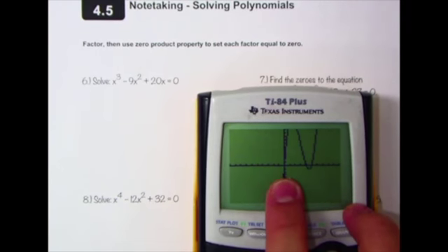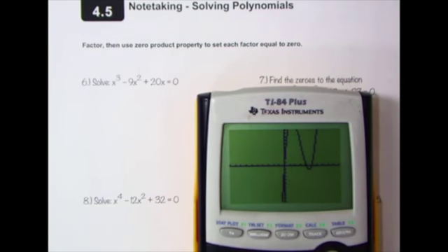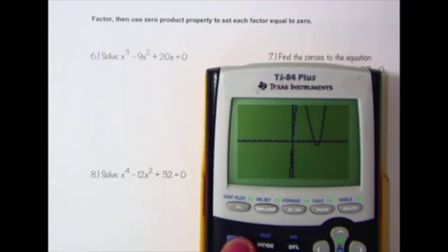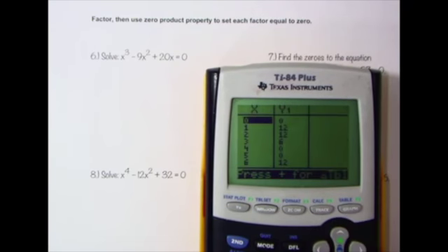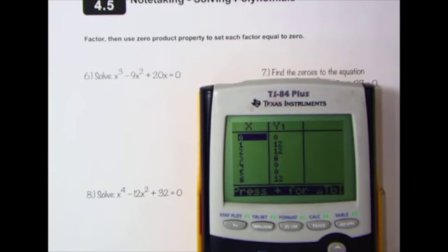You can see here that it looks like it crosses at 0. We can verify this if you hit second, graph, and look at your table. Anywhere where the y value is 0, that is an x-intercept. So you see that you have it here at 0.